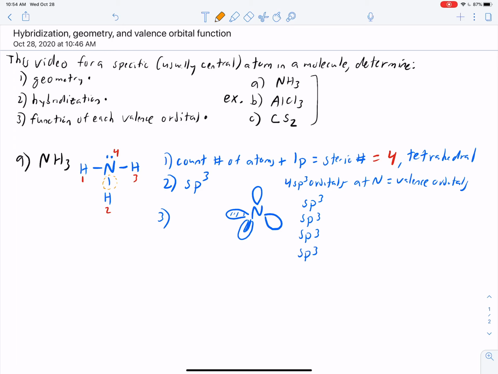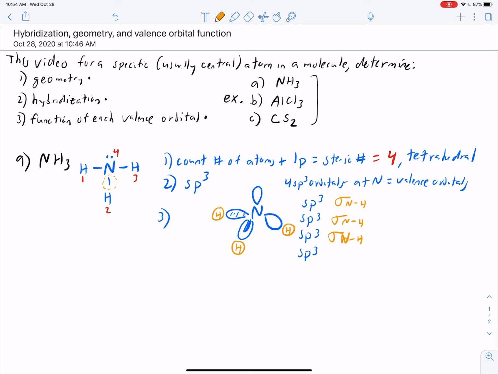Some of the valence orbitals of nitrogen must be involved in making those bonds. In this case, since there's only one type of orbital available, I'm pretty sure that I'm using 3 of those orbitals, capital N. I'm using 3 of those orbitals to make the sigma NH bond.